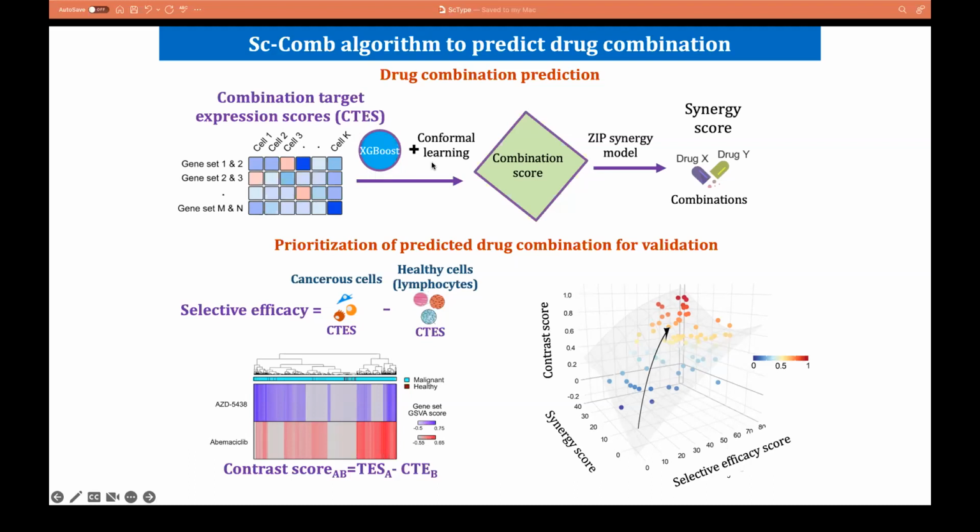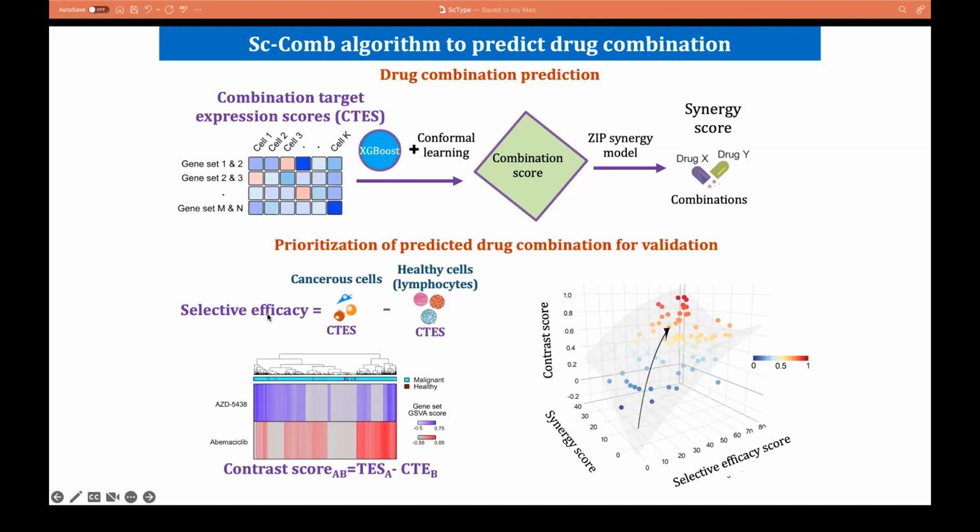This conformal learning is to remove the low confidence predictions, and you have this combination efficacy score. You put it into a synergy model and you can identify the top synergistic drugs. And later on, we also selected these combinations based upon their selective efficacy score.